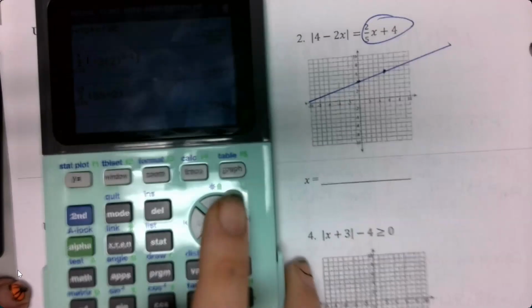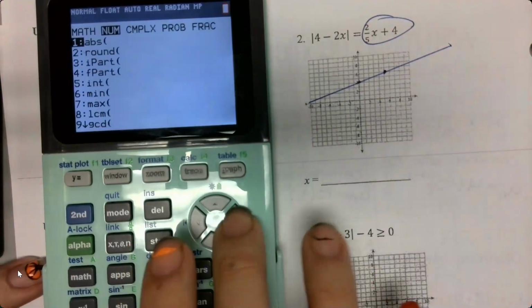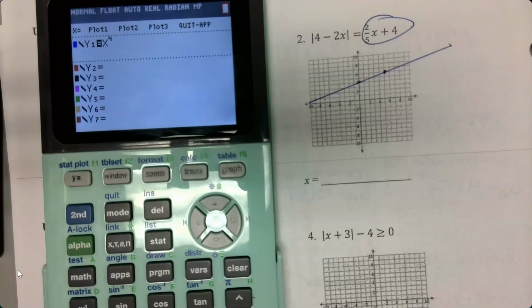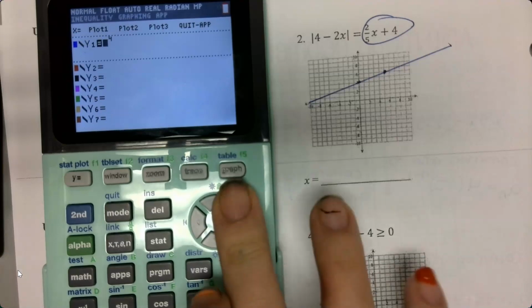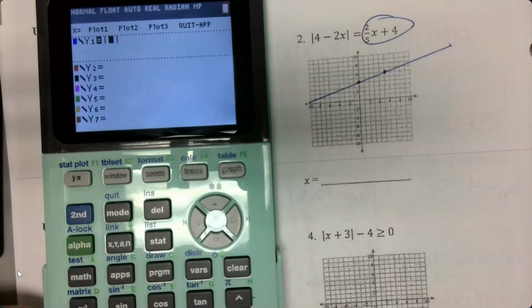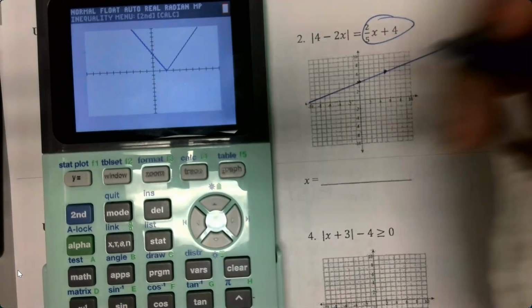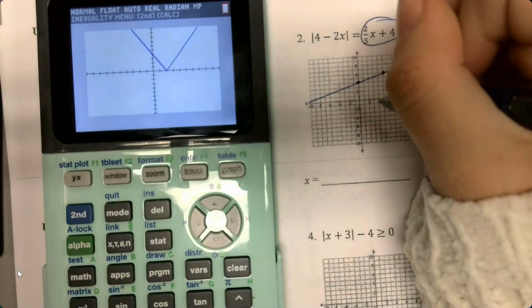On the other one, I'm going to graph that on the calculator first to see what it looks like. I can go math, and then arrow over to num. My first choice, abs, is going to give me absolute values. Oh, but I want to do that when I'm not on the equal sign. Then I just type that in, so I have 4 minus 2x. So it looks like that.